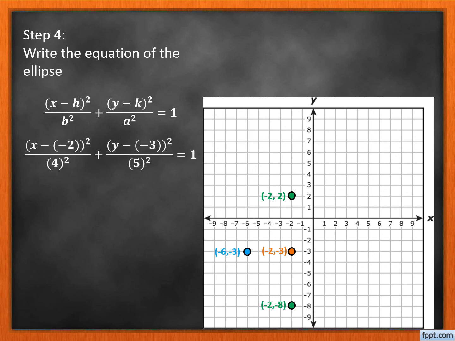Therefore, we have (x minus -2) squared over 4 squared plus (y minus -3) squared over 5 squared equals 1. By simplifying, we have (x plus 2) squared over 16 plus (y plus 3) squared over 25 equals 1. And that is the equation of our ellipse.